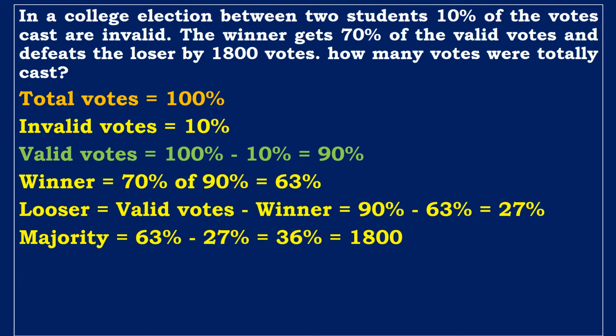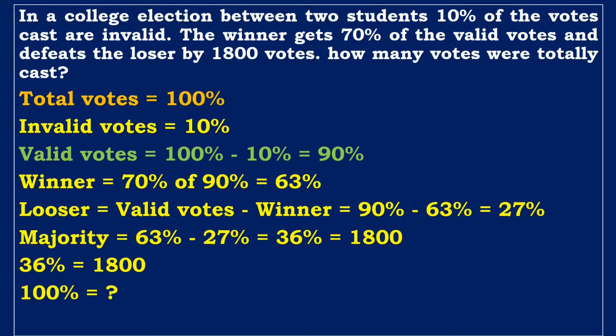The difference between these two percentages is 63% minus 27%, which is equal to 36%, or 1,800. We need to find the total number of votes cast in the election, that is 100%.